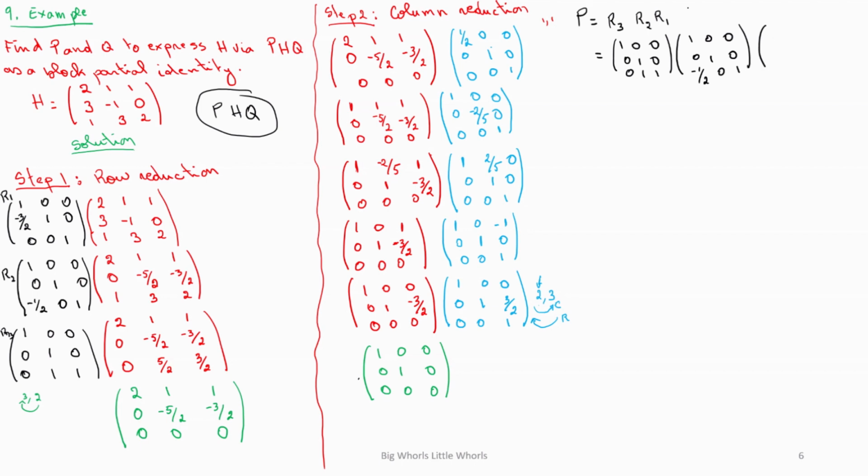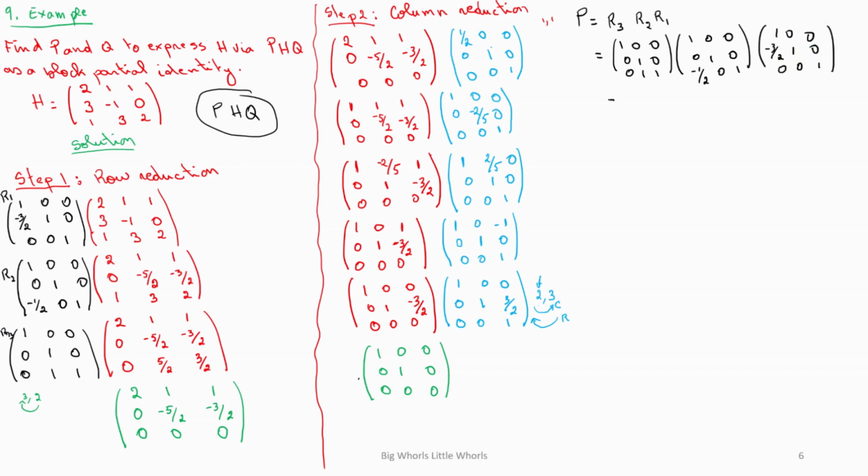R1 is going to be... I said R1, R2, R3 because that's how we call them in the lecture. It doesn't mean a row, it means elementary reduction matrix 1, elementary reduction matrix 2, and so on. Is that okay? The first elementary reduction matrix is 1 0 0, minus 3 over 2 1 0, 0 0 1.